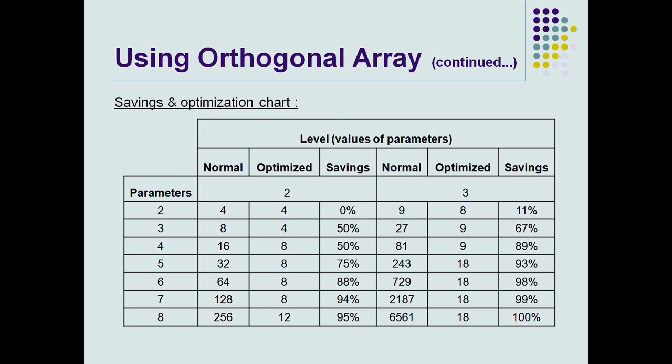So as the parameters increase, these are the savings that you would be able to get. These are just industry standards. I received them from one of the portals wherein they have updated the savings achieved with the orthogonal array. These are the practical numbers from some industry analysts.